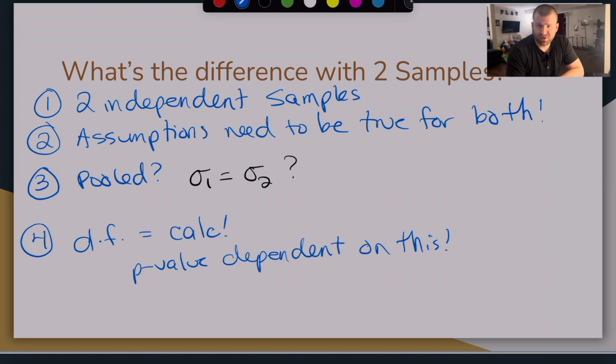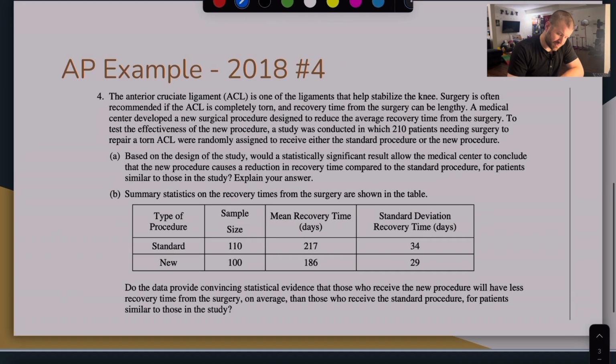So let's take a look at an example problem here and work through it and see how this works. This question, I'll spare you the whole deal, but it's essentially about a new procedure for ACL repair. We're comparing the new procedure to the standard procedure or the old procedure, and we're trying to determine, do we have evidence that the new procedure leads to a quicker recovery?